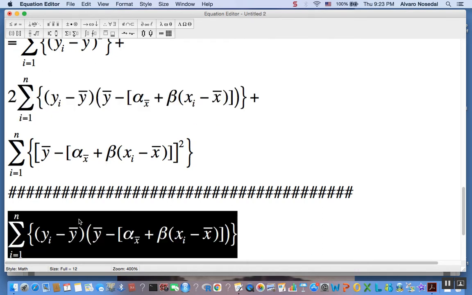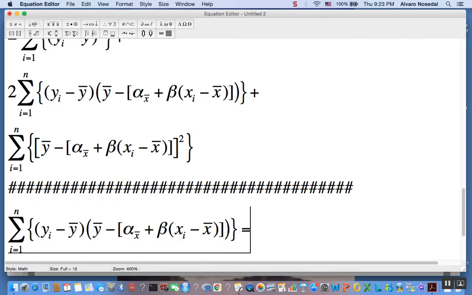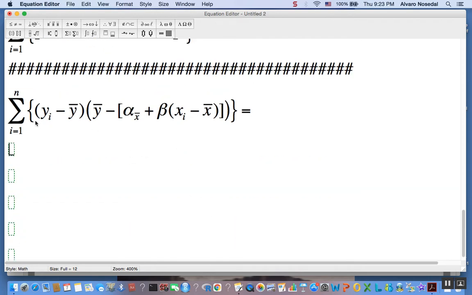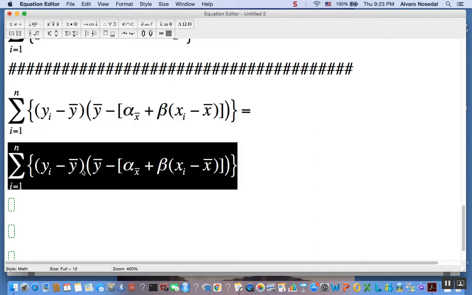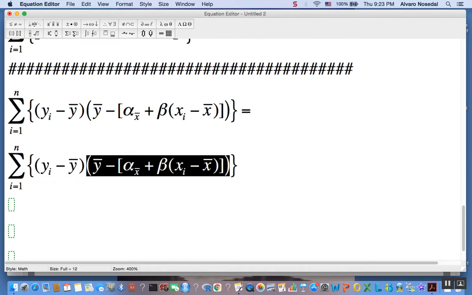So, let's talk about this one first. We're going to try and simplify that one. So, this is the same as this. yi minus y bar times just y bar.